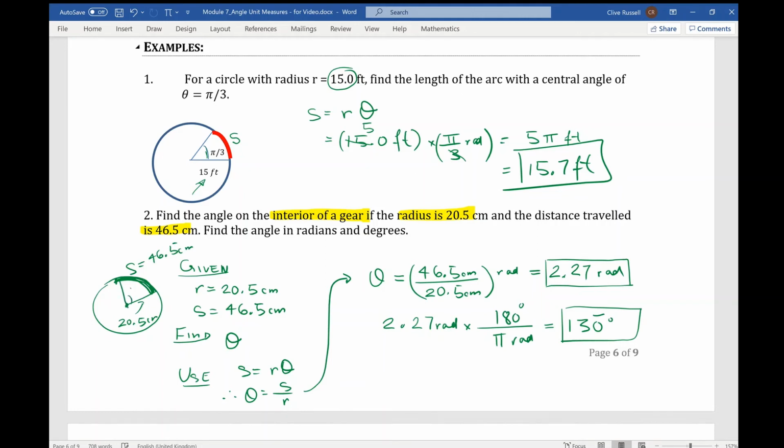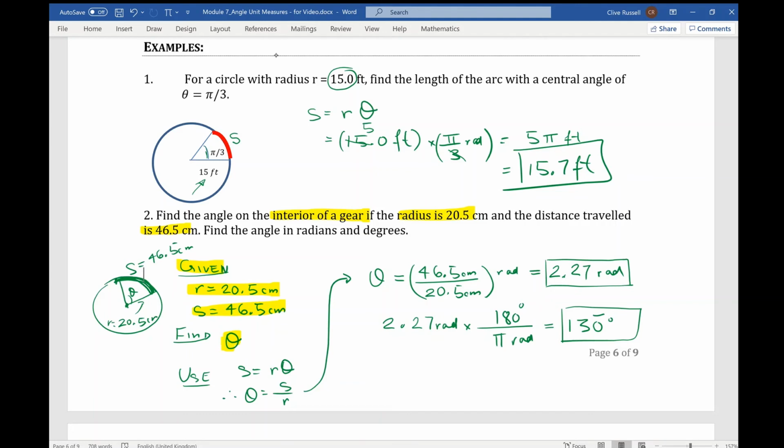Now what you don't know is theta. In the previous example, you knew the angle and your radius, but now you know the radius and S, and you want to find what theta is. So let's go through this together. You're given the r value, which is your 20.5. You're given the S value, and you want to find what theta is.